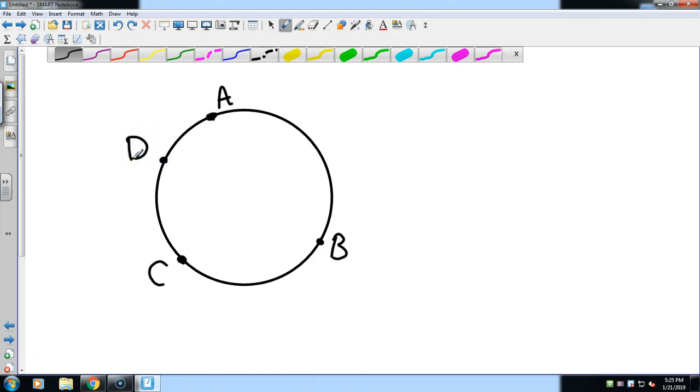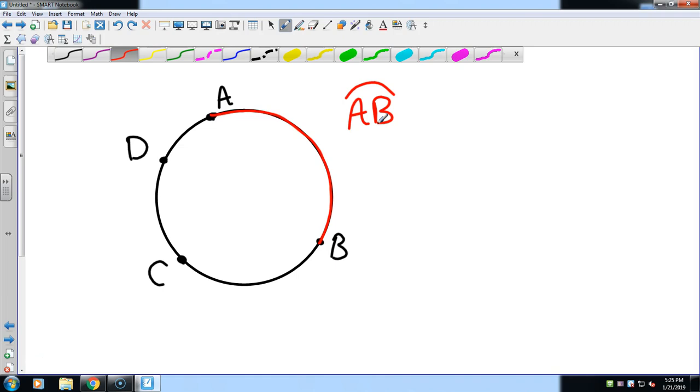So a minor arc, we're going to do 2 letters. So let's go from A to B. We didn't quite go halfway around. So the minor arc is 2 letters, kind of like a line segment that we label, but it's arced on the top instead of a segment.